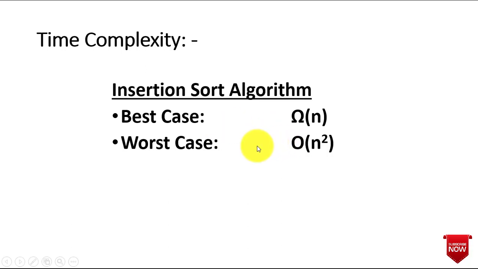Now I'm giving you one assignment. Suppose two duplicate values are there in the array, then how does the insertion sort work, whether it replaces the values or it keeps the sequence of both of the same elements after sorting.